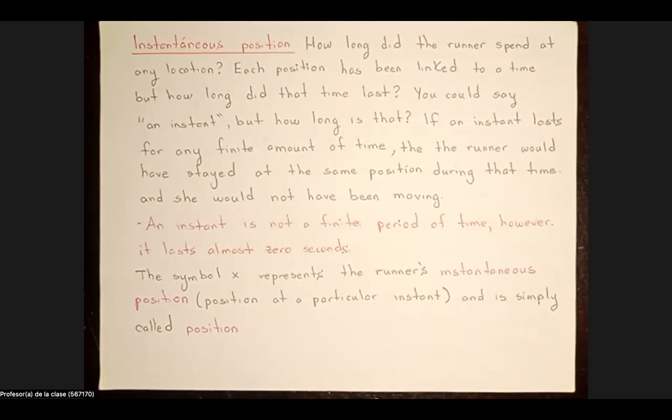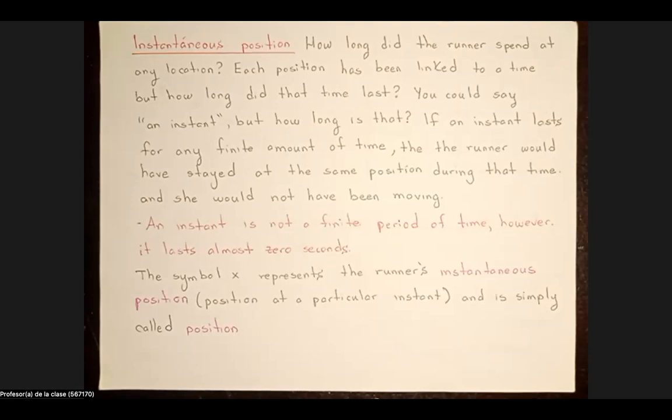So exactly, we can define an instant like a picture of an object that is moving, a car, a lady, a motorcycle, whatever object, and we take a picture, then we can have an instantaneous position or velocity, for example.